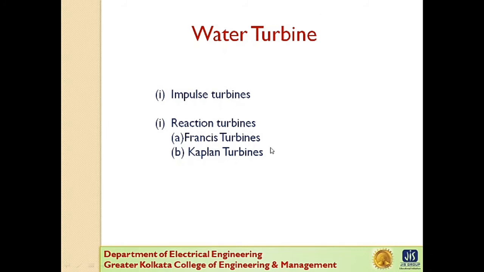Francis turbine is used for low and medium head, whereas Kaplan turbine is used for low heads and large quantities of water. Now Francis turbine consists of an outer ring of stationary guide blades fixed to the turbine casing and inner ring of rotating blades forming the runner.